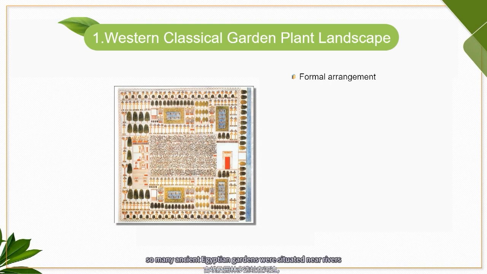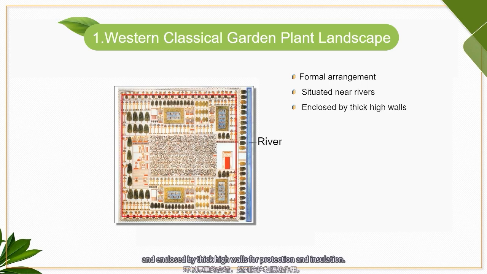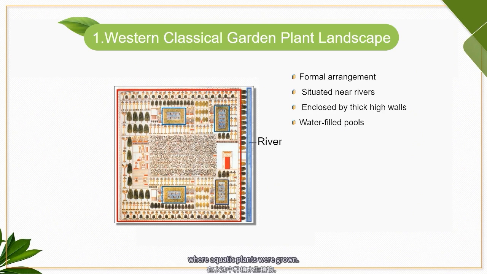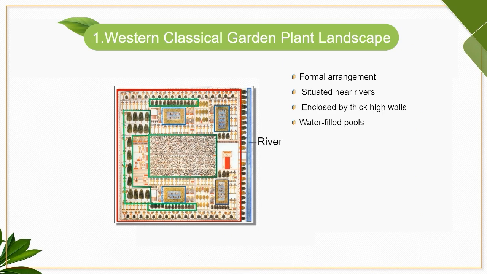So many ancient Egyptian gardens were situated near rivers and enclosed by thick high walls for protection and insulation. Water was drawn from the river to fill the 4 rectangular pools in the garden, where aquatic plants were grown. In the image, what are the green blocks?